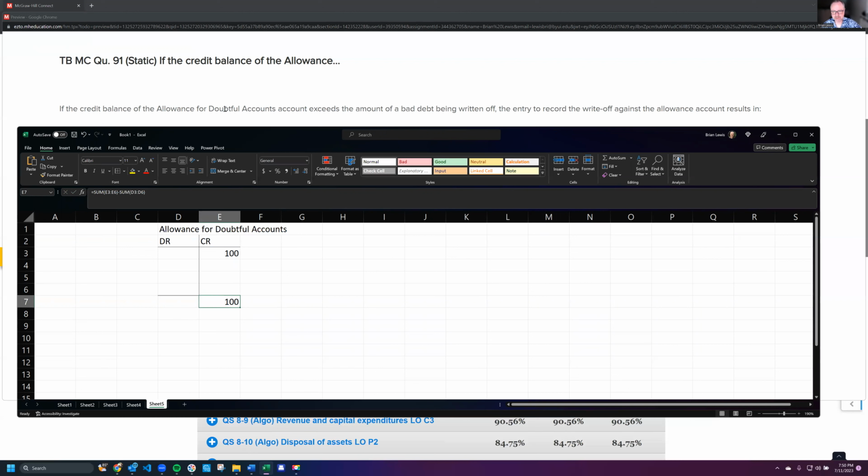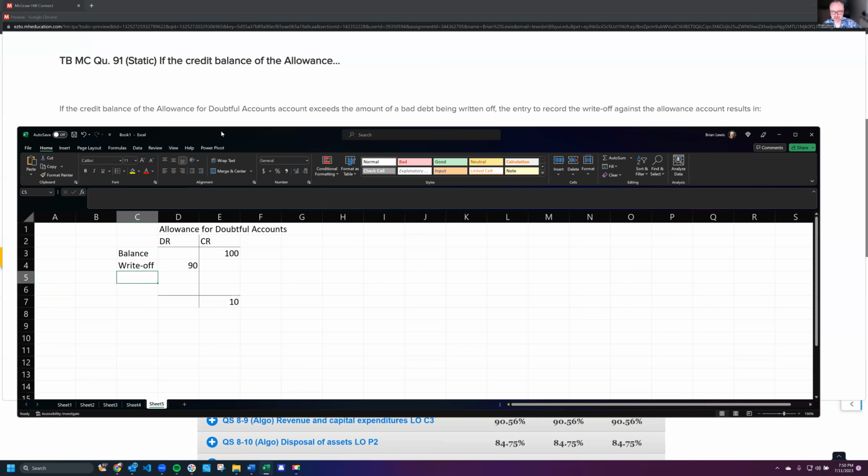If the credit balance of the allowance for doubtful accounts exceeds the amount of bad debt being written off, so this is the balance, this is the write-off. So let's say it's 90. The entry to record the write-off against the allowance results in what?